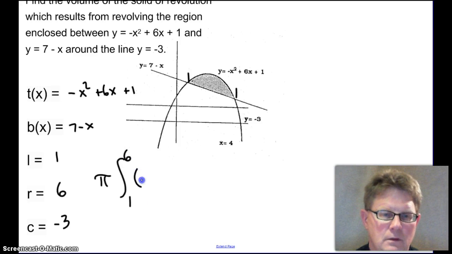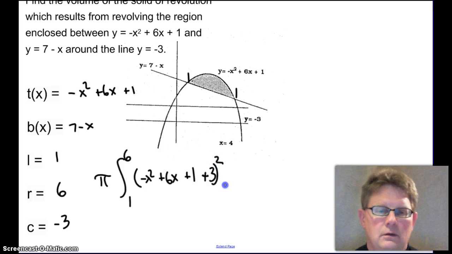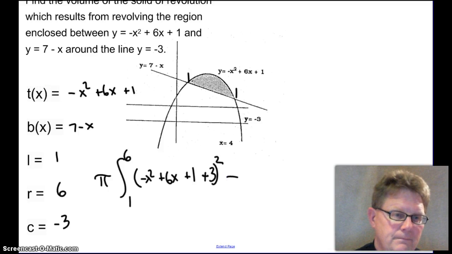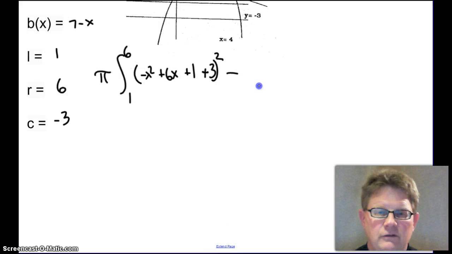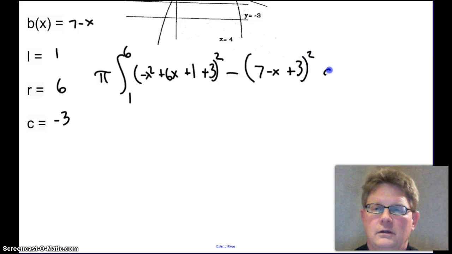Top function, negative x squared plus 6x plus 1 minus a negative 3, so plus 3, that quantity squared, minus, the bottom function, 7 minus x, this all has to be in parentheses as well, minus a negative 3, plus 3, quantity squared, dx.